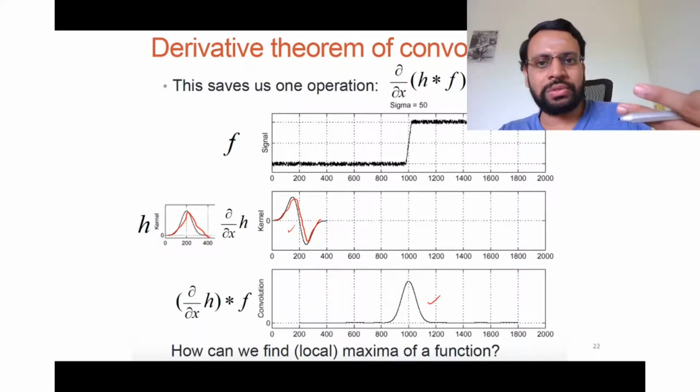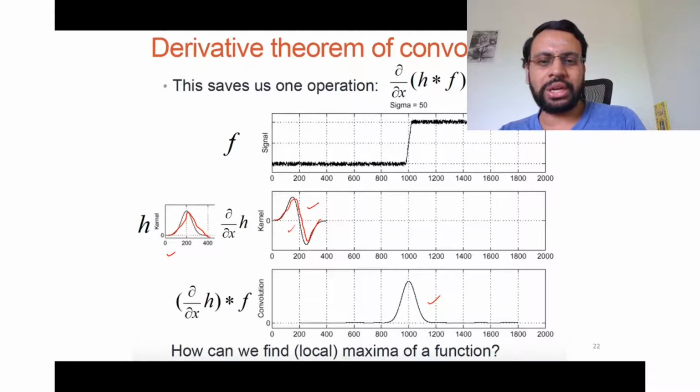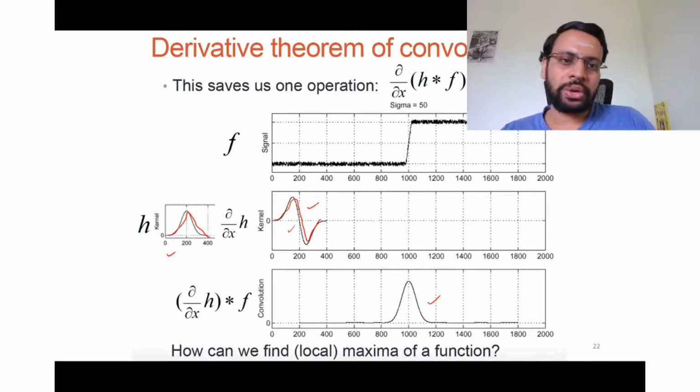Out of those two convolutions, you can get rid of one. All you need to do is, instead of using this mask, you use that, and it is sufficient to do just one convolution at n points.